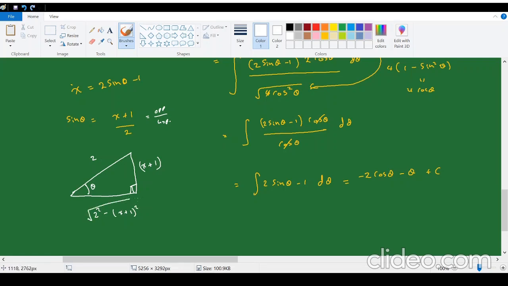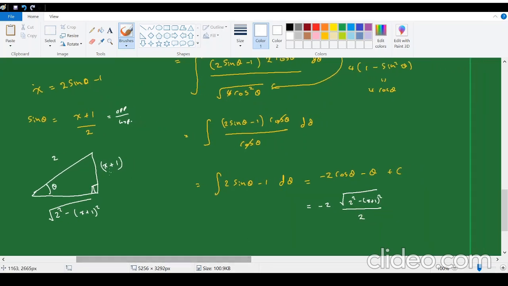Then cos theta is equal to adjacent divided by hypotenuse, which in this case is the square root of 2 squared minus x plus 1 squared divided by 2, right?